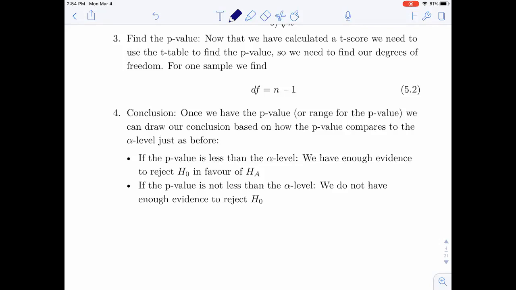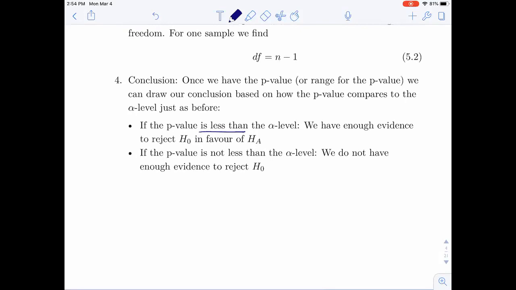Notice that I'm only talking about H0 and HA. Can I reject H0? Can I not reject H0? And I've got these conclusions in here. They're from chapter 4, so we've seen these before, but it's just nice to have them in the same package. Notice that here it is less than, we have enough evidence.